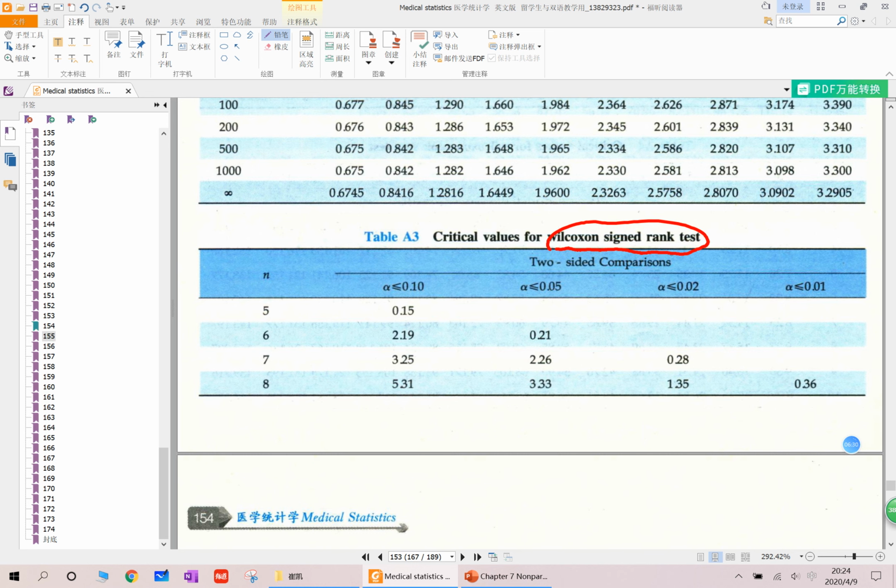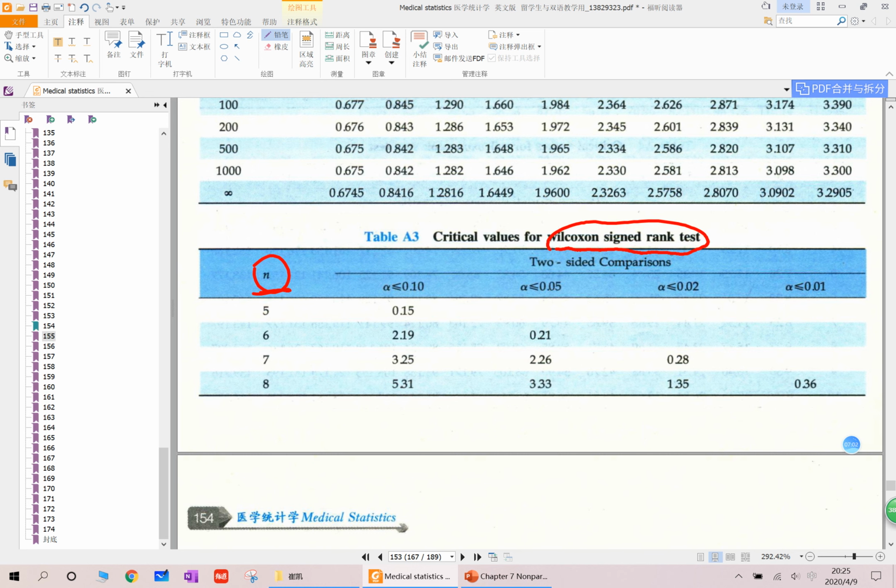Okay, so here, the first column of the table is the n, but please notice that this n is not the sample size which is given in the question. This is the sample size of the differences with the 0 omitted. So that means this is the number of non-0 differences.